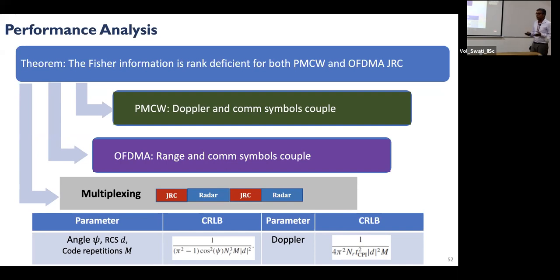So the only thing that remains is to do multiplexing. We use some portion of the waveform for radar or communication to get information, then bootstrap it, and use the other portion of the frame for JRC.